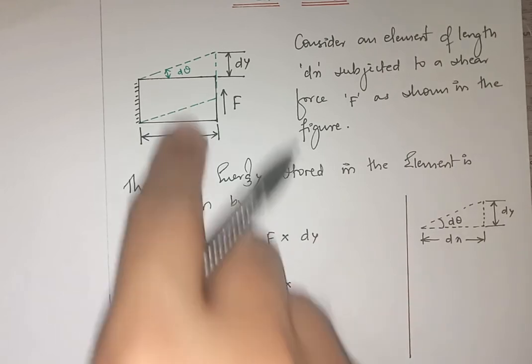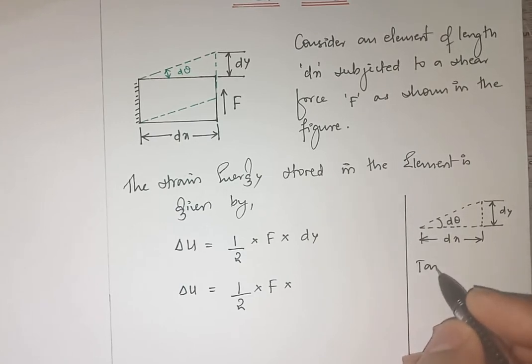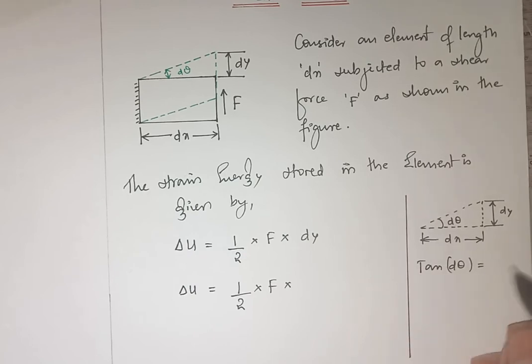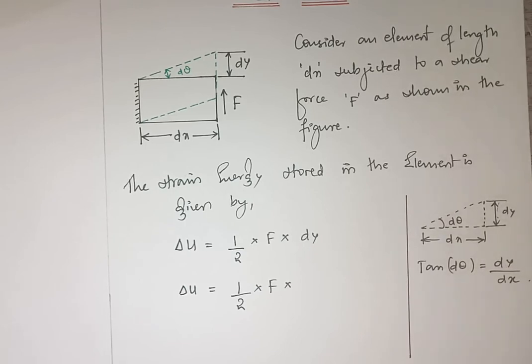and this is dx. Right, so for this triangle, tan of d theta is equal to opposite divided by adjacent, so it is dy divided by dx.